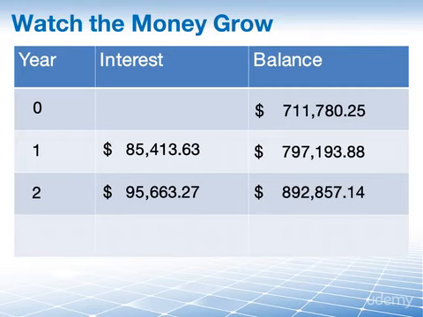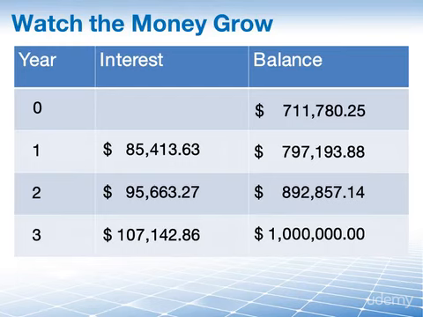So we get $10,000 more in interest already. So we already received $95,000 US in interest. Now we have $892,000 US as our balance. And then in year 3, we get 12% interest on the 892, which gives us roughly 107,000. We will end up with $1 million US at the end of year 3 if we invest $711,780.25 in year 0, and we get 12% interest every year.